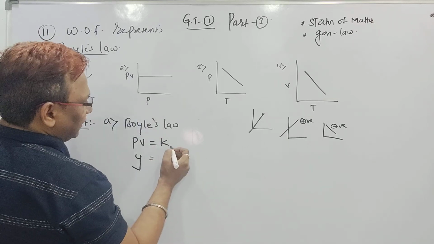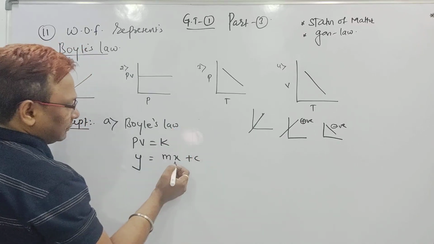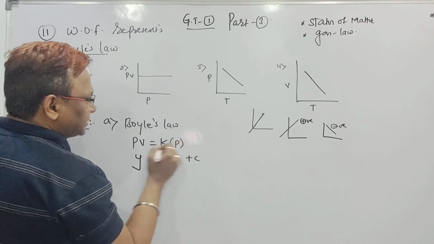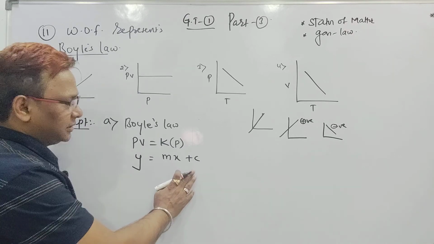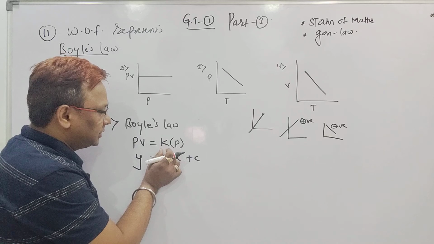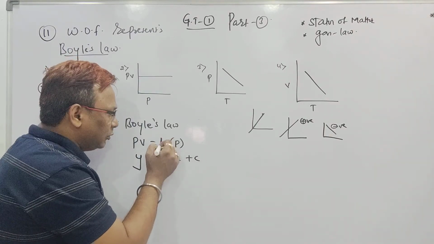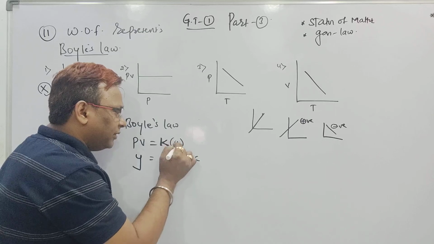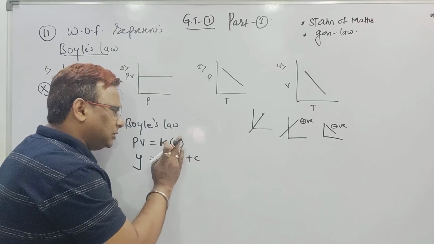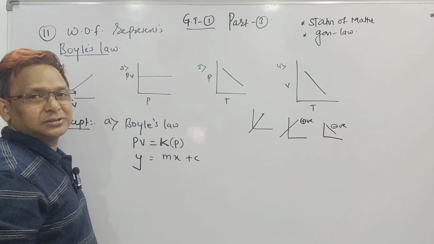I want to write y equal to mx plus C, but in place of x I want to put P. There is no intercept. Now tell me, what is K here? Constant. Any constant with P is constant. Any constant instead of P, if I put V, is constant. Means any term we put here with the constant is always constant.